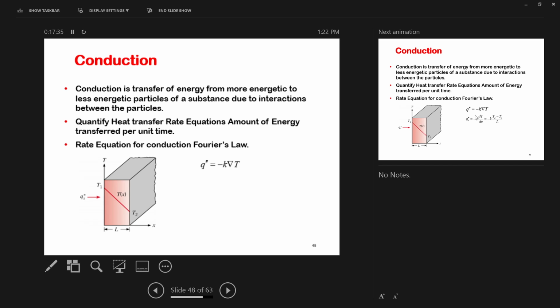But can you think of why we have the negative sign here? Based on the direction of which the heat transfer rate is going into? Yeah, it is exactly. That's the direction.